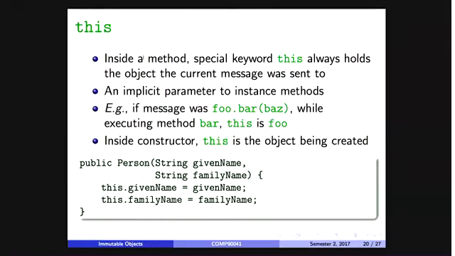The answer is Java has a special syntax that lets you refer to it, and that is through the word this. So this kind of acts like a special variable you didn't have to initialize. And in any instance method, it's the object that you sent the message to. And that includes in a constructor.